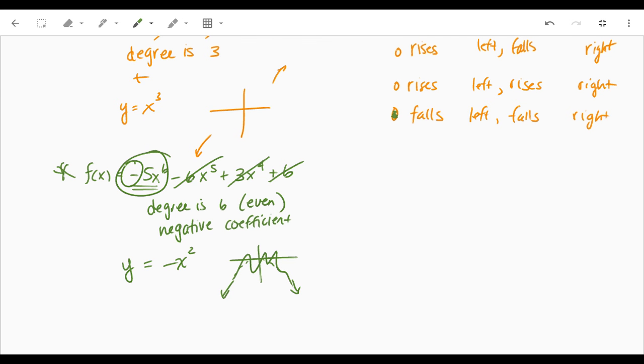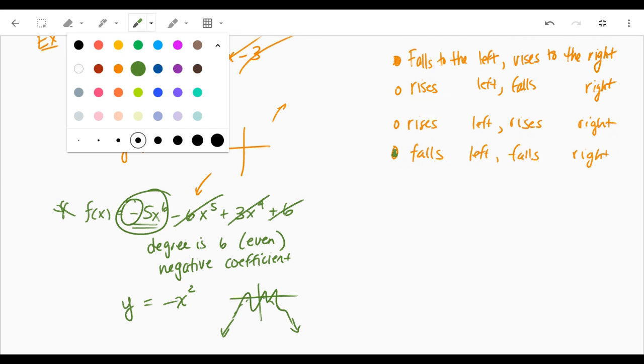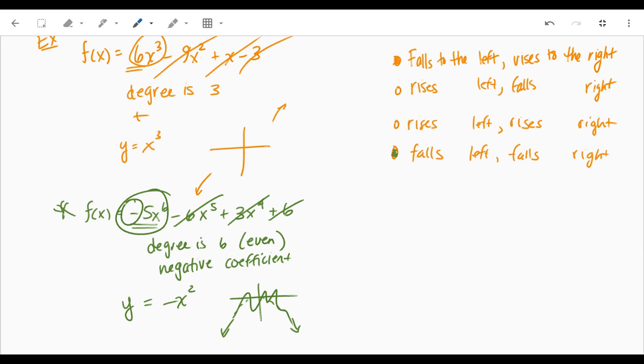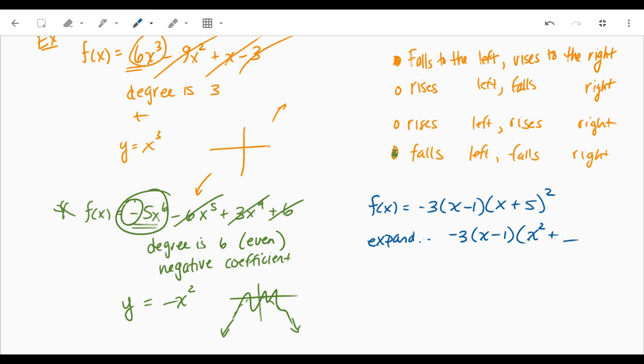All right, the last one they give you is one in factored form, just to throw you off a little bit. f of x is -3 times x minus 1 times x plus 5 squared. Now you have to think about if I were to expand, then I would have -3 times x minus 1 times x squared plus some junk.